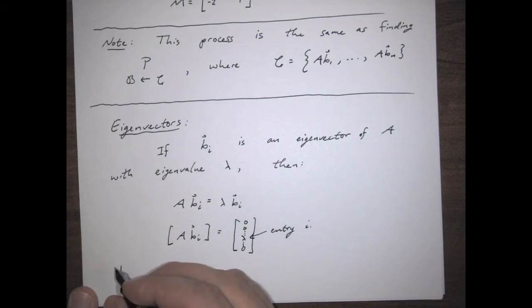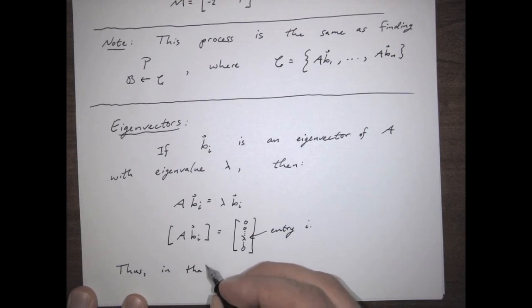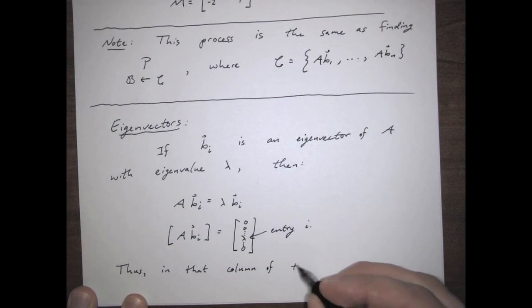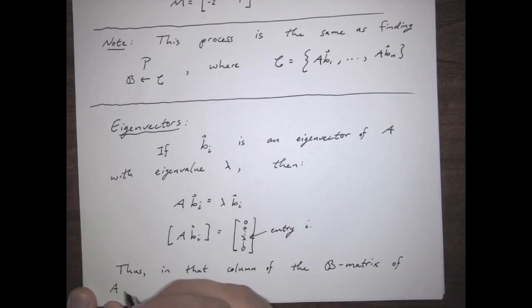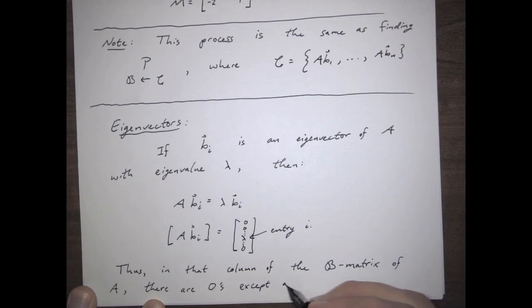So this means, thus, in that column of the B matrix of A, there are zeros except along the main diagonal.